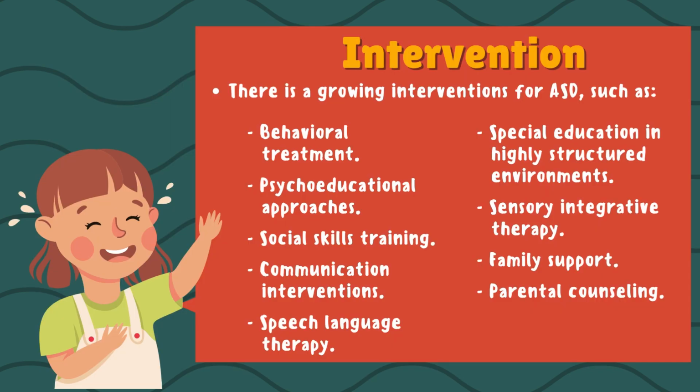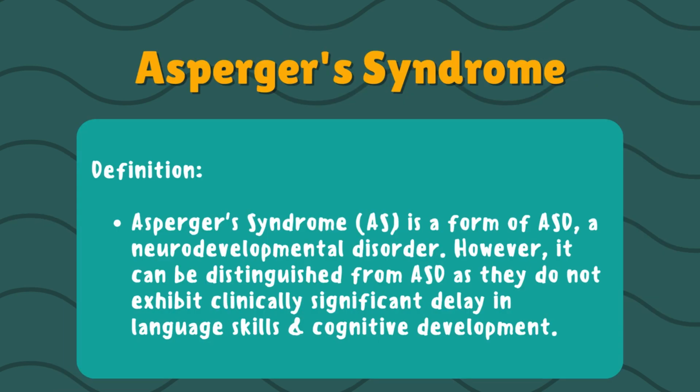There is a growing intervention for ASD, such as behavioral treatment, psychoeducational approaches, social skills training, communication interventions, speech-language therapy, special education in highly structured environment, sensory integrative therapy, family support, and parental counseling.